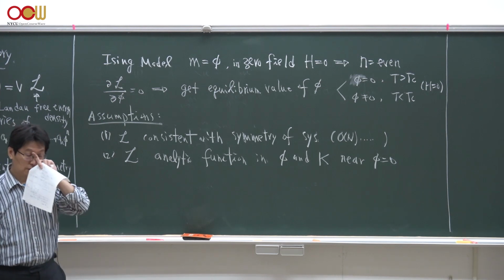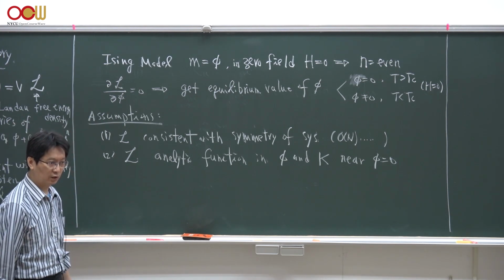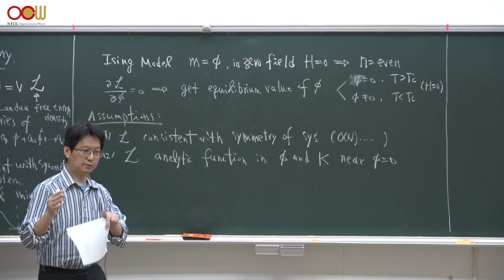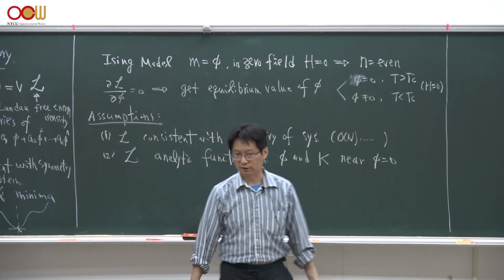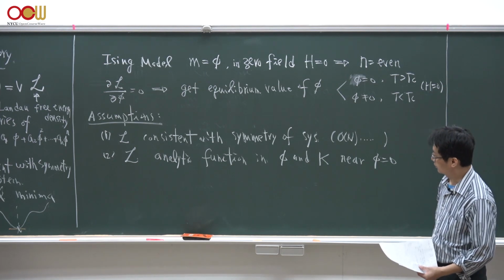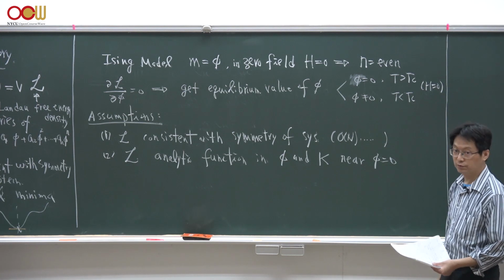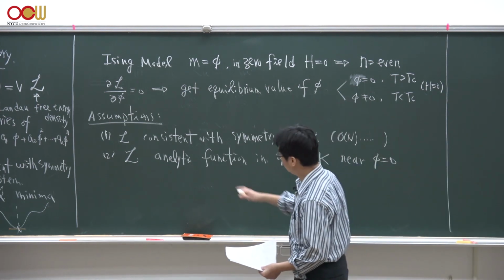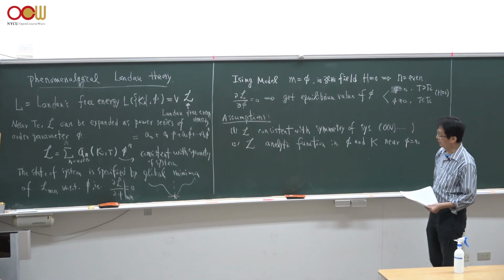So remember, when we discussed the Ising model, we came up with the result that the free energy density is actually a function of the absolute square of the field. It is something different from the Landau's free energy functional. So in Landau's free energy density, it is an analytic function in both phi and the coupling constant K. But even so, we could still get a phase transition based on this power series expansion.